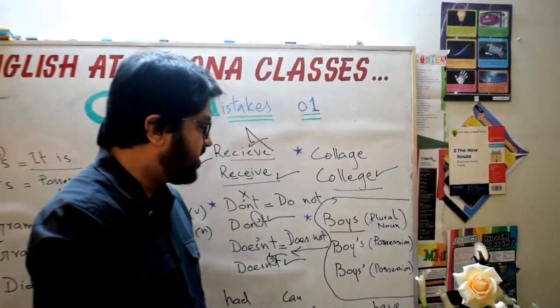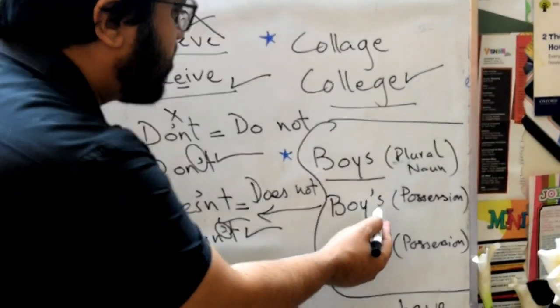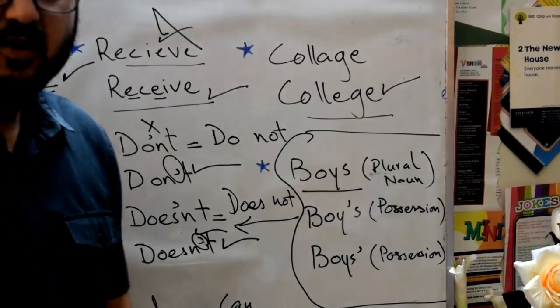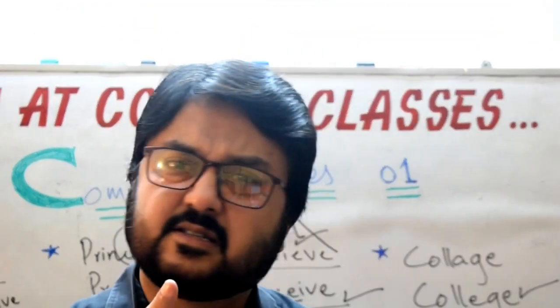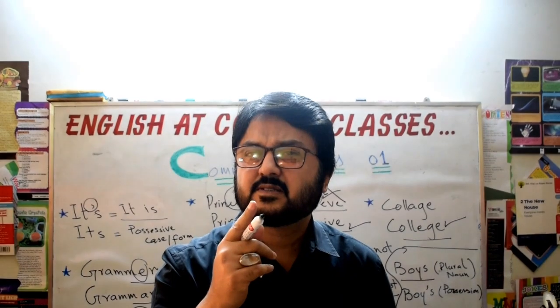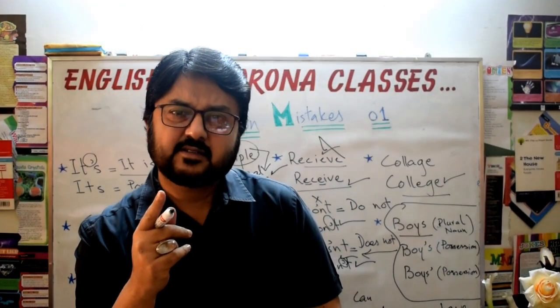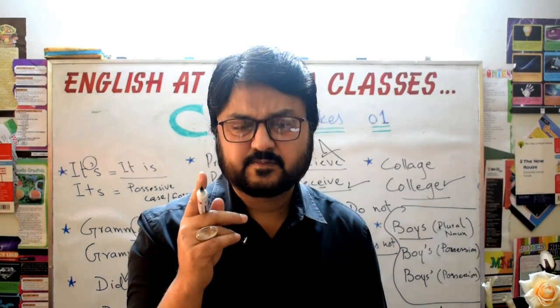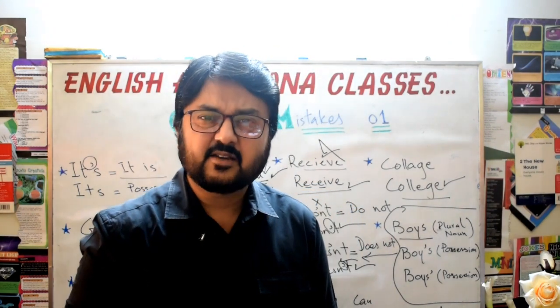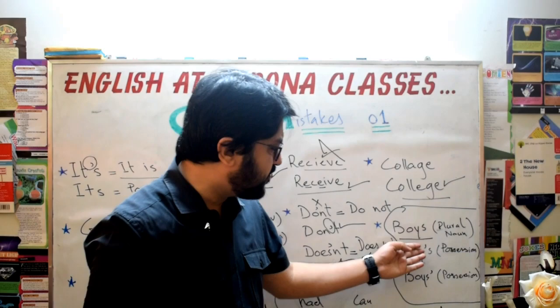But the students, while writing plural nouns, put apostrophe. This is very common mistake. Okay, I want to tell you that this is a mistake that causes much pain to me. When you are writing a plural noun, why supply the apostrophe?